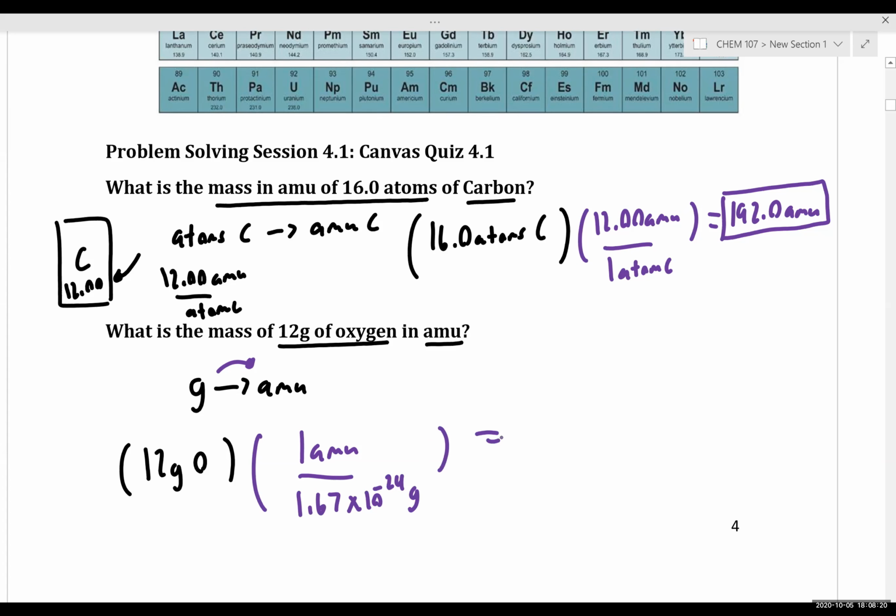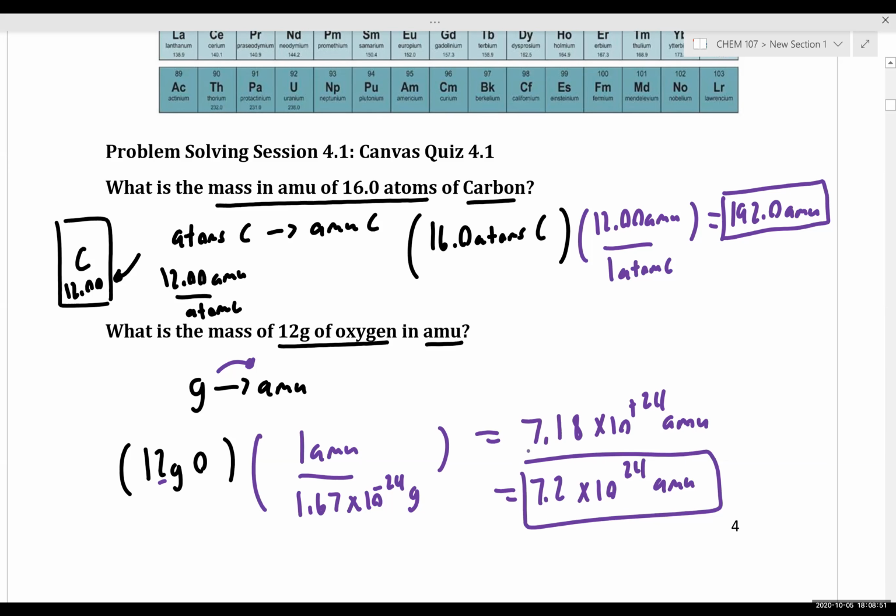Punching this into our calculator, that in turn gives us 7.18 times 10 to the positive 24th AMU, which we round to 2 sig figs to be 7.2 times 10 to the 24th AMU.